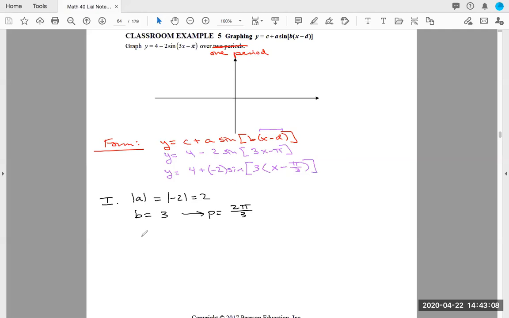And then c would be 4 in this case, and d is a positive pi over 3. We have the negative already matching form. Okay, so what do these things mean?